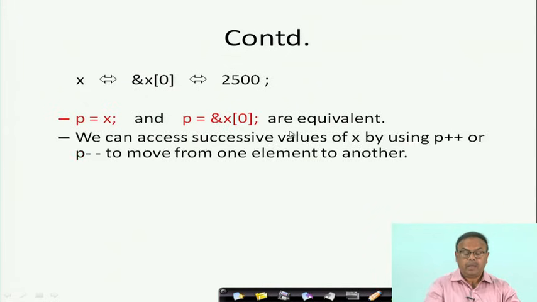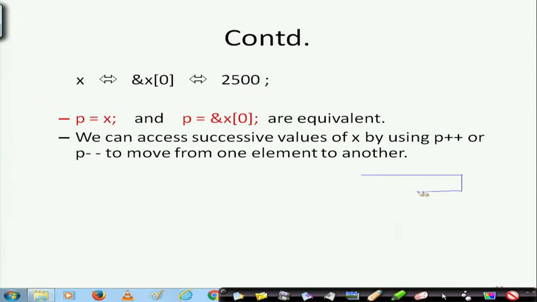Okay. So, we can access successive values of x by using p++ or p-- to move from one element to another. So, I have got the p, this pointer is pointing to the array.